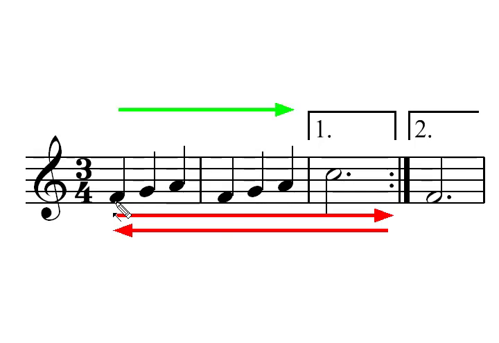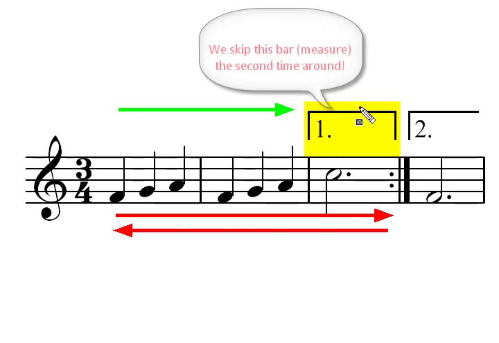The second time we play through the melody, we play from here up to the first ending, and we jump over the first ending and straight into the second ending.